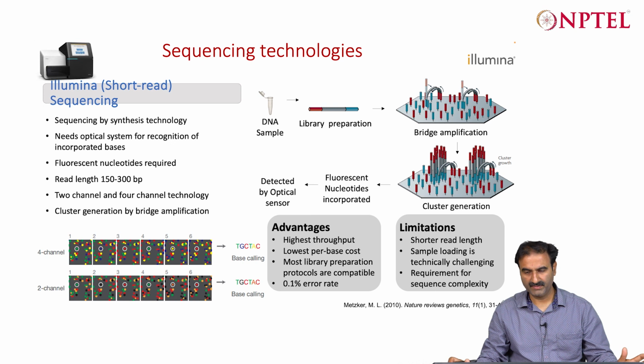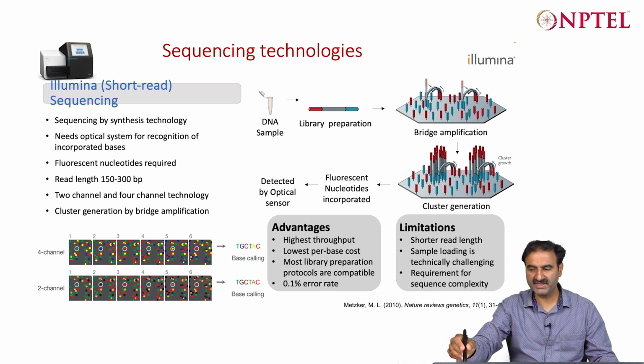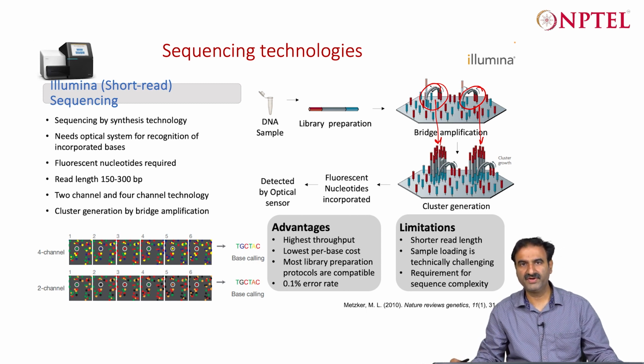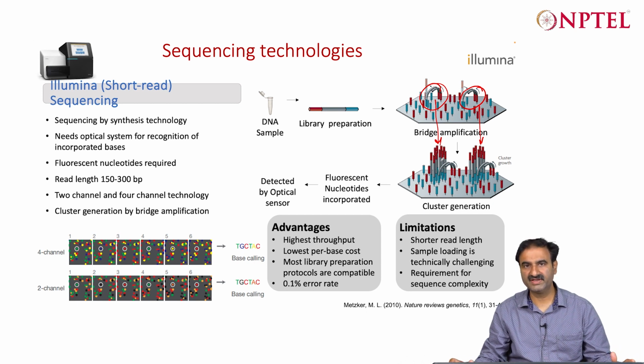Illumina, as we have discussed, is very good for short read sequencing, where you have to break the DNA into smaller pieces, prepare a library, and go for amplification on the flow cell. Then on each of these amplified clusters the cycles of sequencing happen, following the sequencing by synthesis principle.